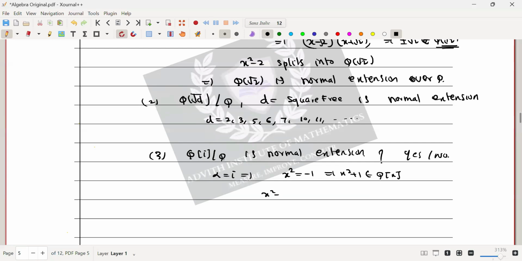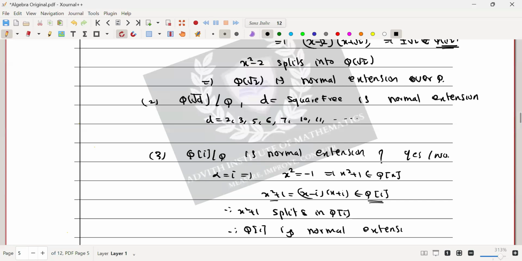Therefore x squared plus 1 equals x minus i into x plus i, which splits in Q(i). Therefore every root of this polynomial belongs to Q(i). So Q(i) is a normal extension of Q.